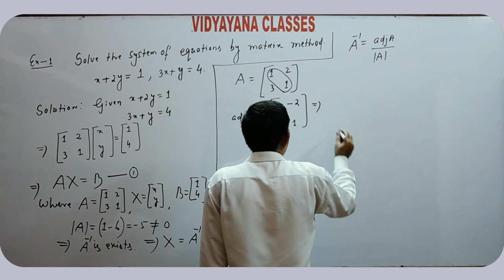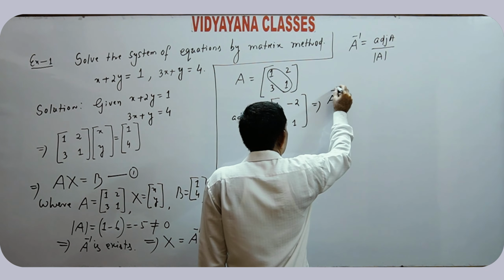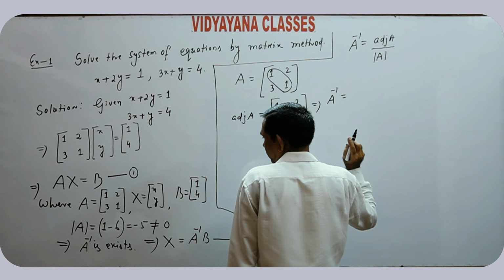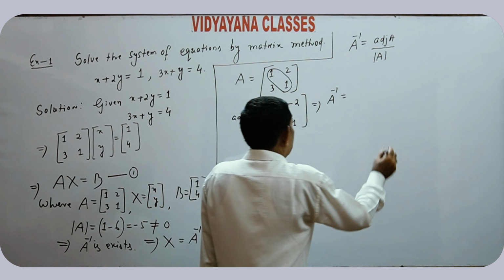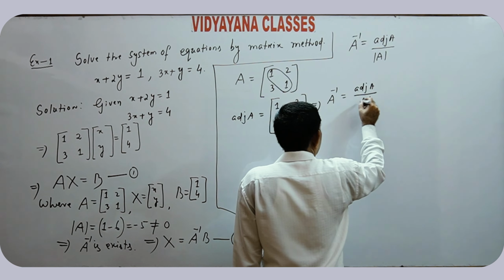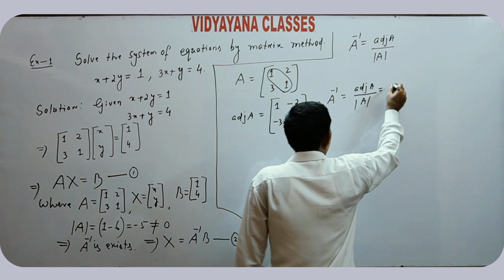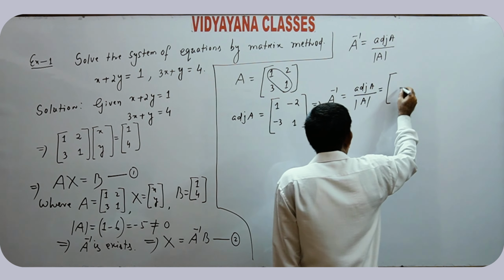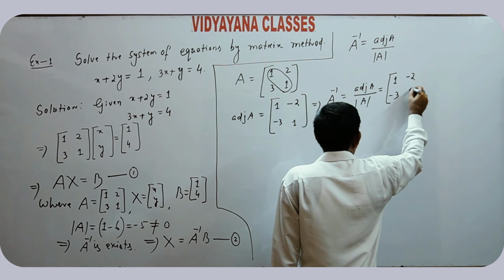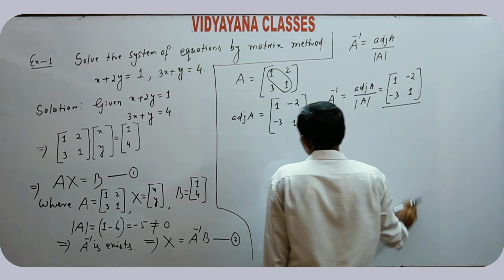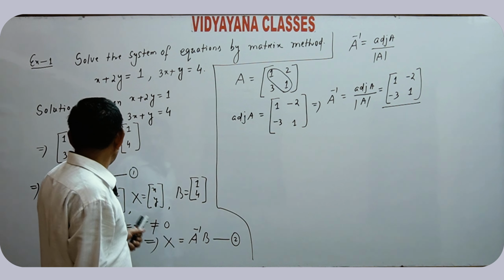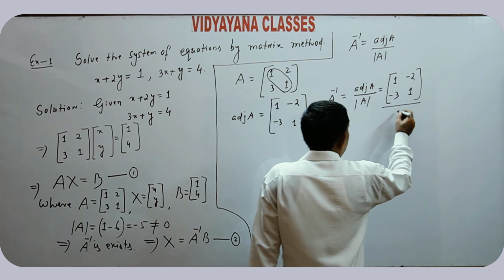Implies A inverse is equal to adjoint A divided by A determinant, which is equal to the matrix having elements 1, minus 2, minus 3 and 1 divided by A determinant. A determinant is given by minus 5.